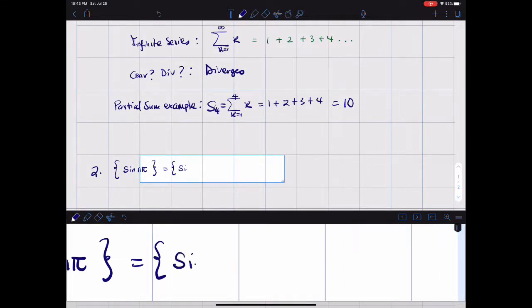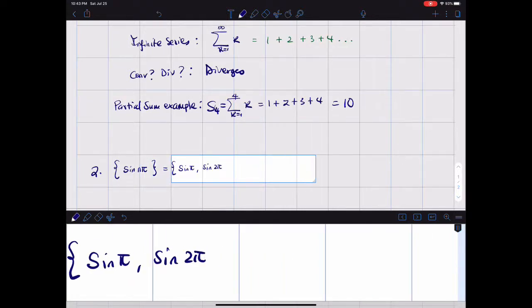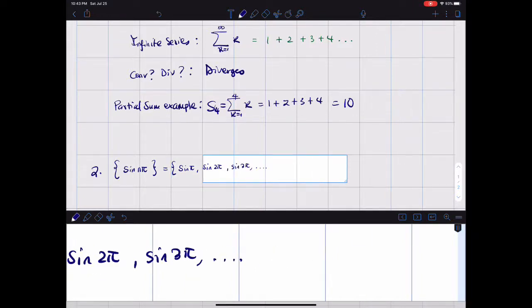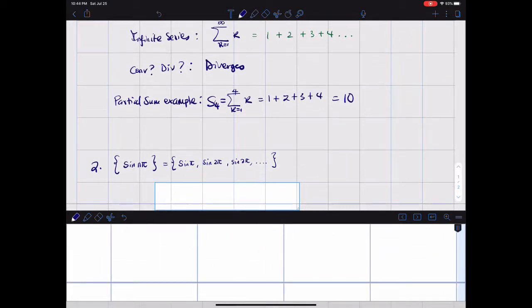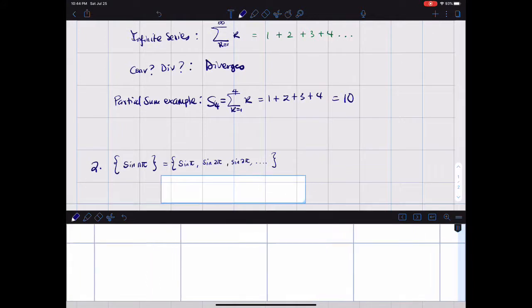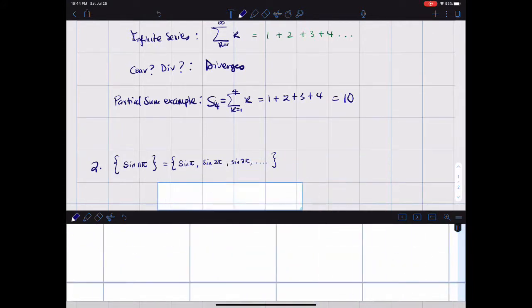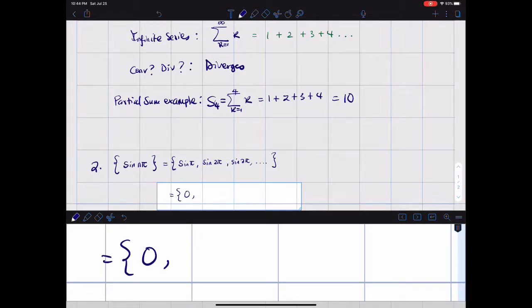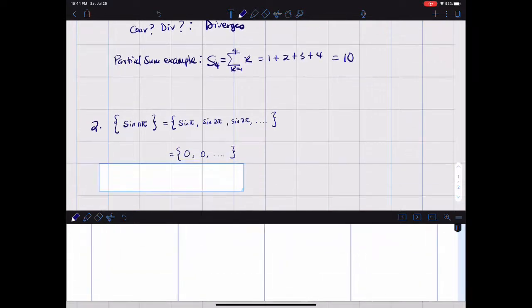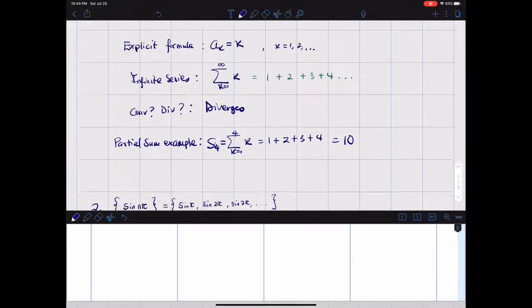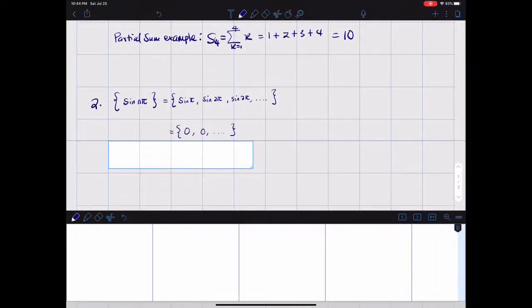This is sine of pi, sine of 2 pi, sine of 3 pi, and so forth. What is this sequence? What is sine of pi? This is actually a sequence of zeros. Sine of pi is 0, sine of 2 pi is 0, etc. They're all zeros.